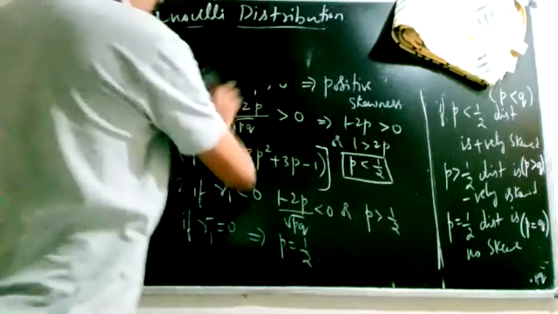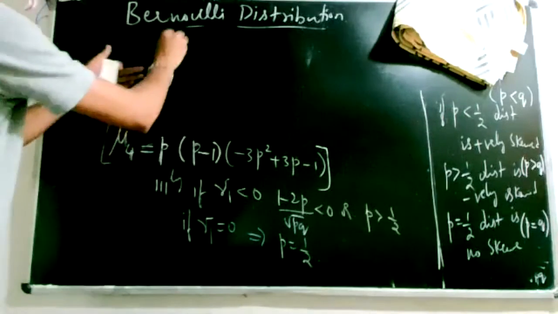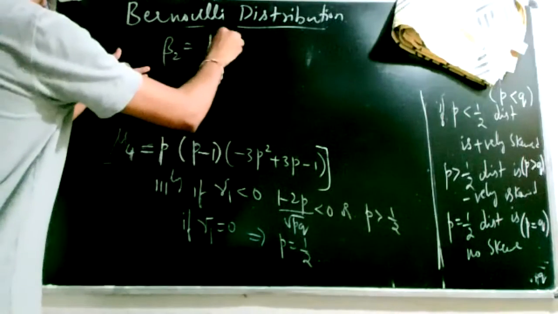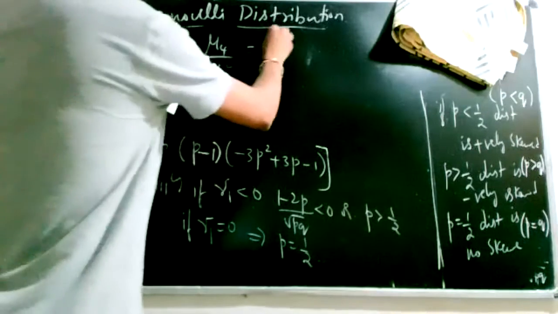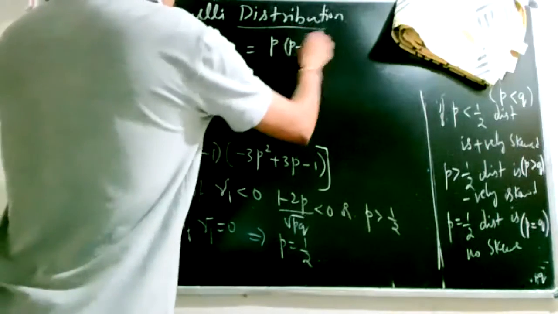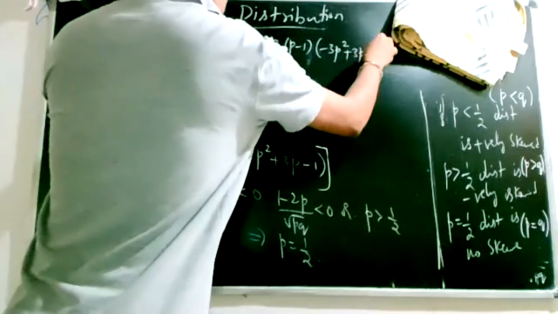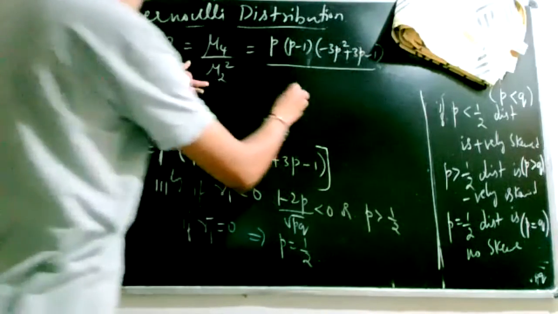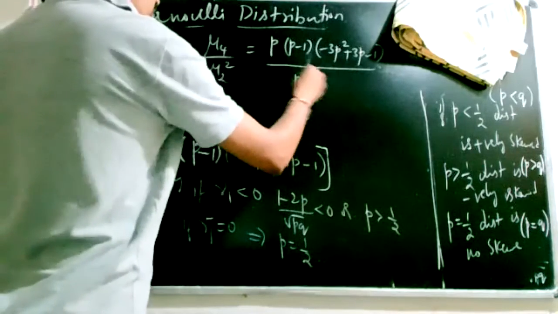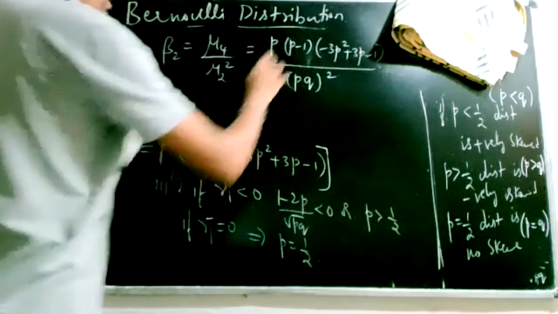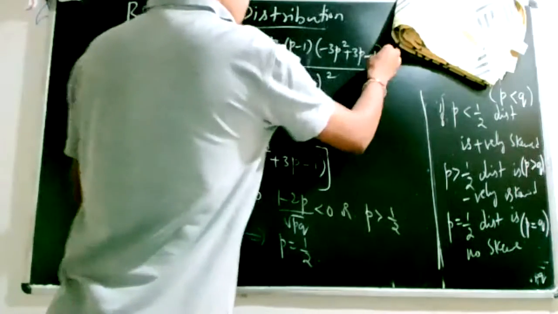Similarly, you can compute the value of your beta 2, which is mu 4 by mu 2 square. So that becomes p into p minus 1 into mu 4 over mu 2 square, which is pq whole square. You can write 1 minus p as q and send that minus 1 inside.